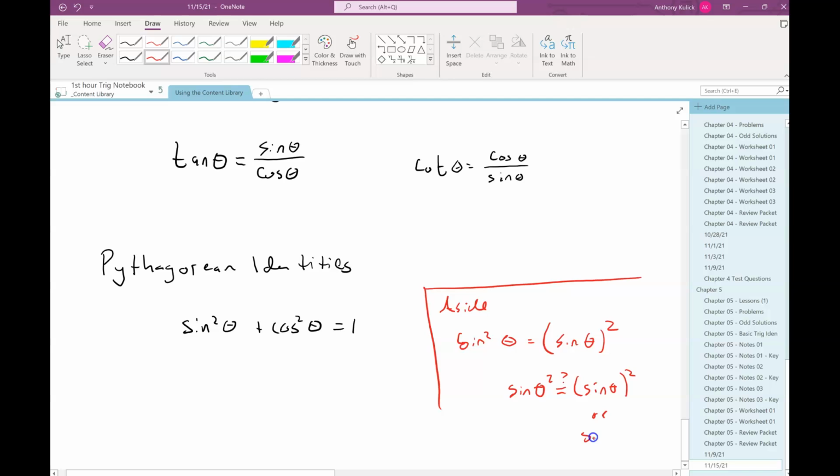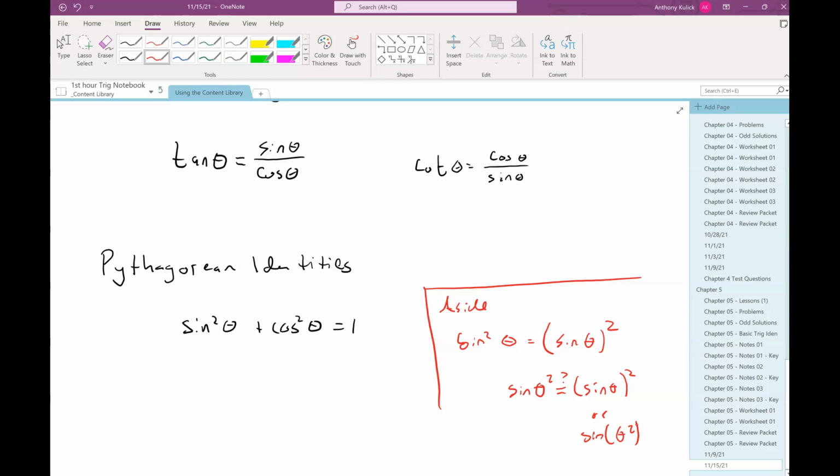Or does it mean that we're doing the sine of theta squared? That's ambiguous. We're not really sure what that's representing. That's why we put the squared in between the sine and the theta. Is everybody okay with that? So it's a weird notation that allows us to not have to write as many parentheses and still be clear about what we mean.